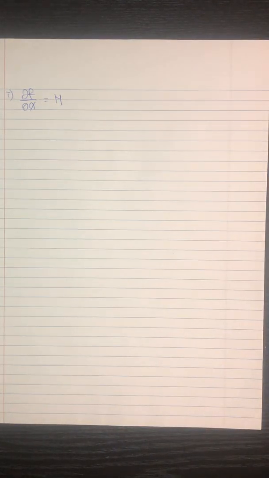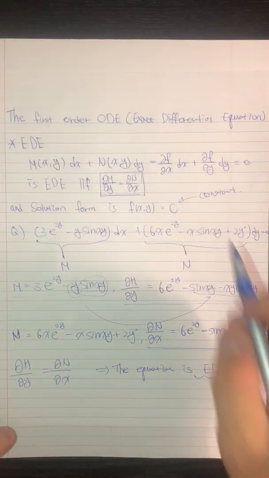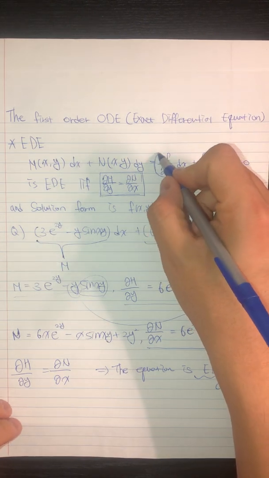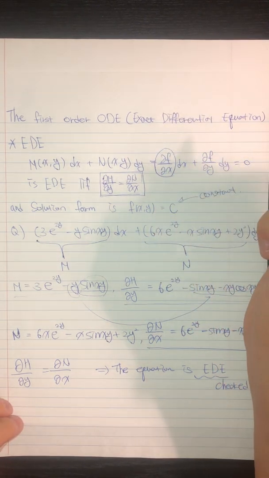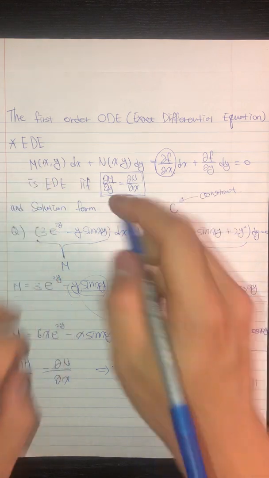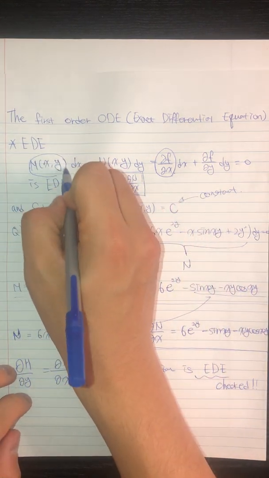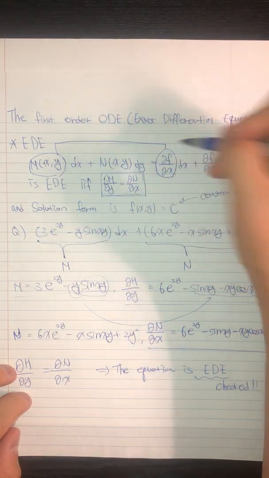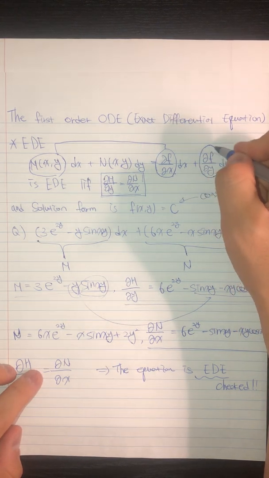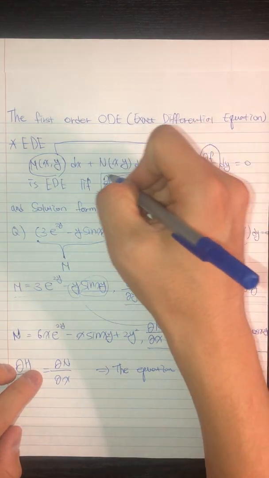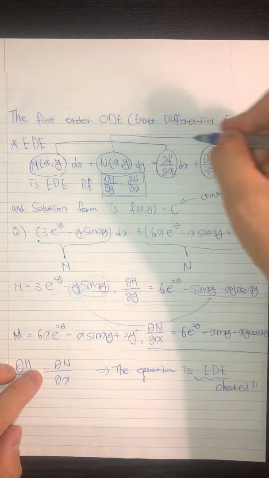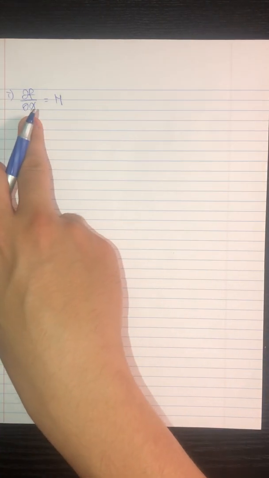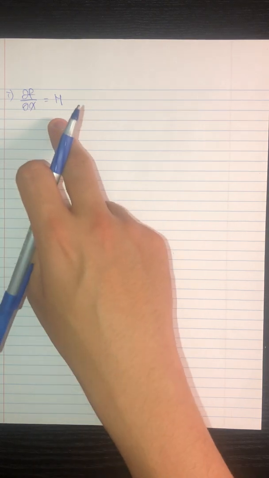This one is M, from the theorem. ∂f/∂x is exactly the same as M, and ∂f/∂y is exactly the same as N, from the theorem. So we can call ∂f/∂x equal to M.